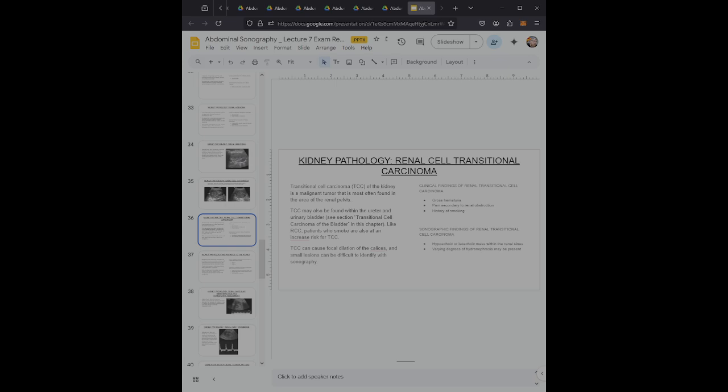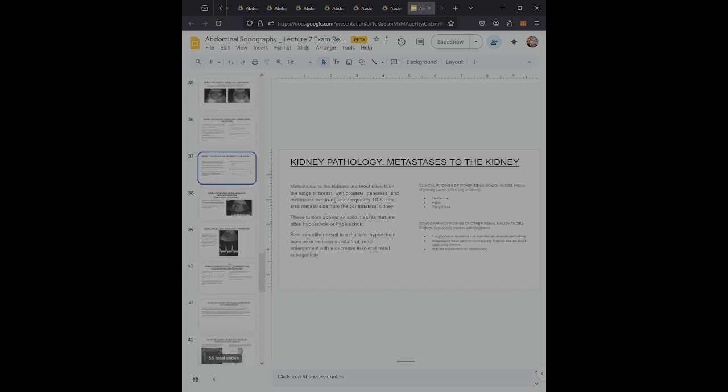Renal transitional cell carcinomas are malignant tumors that are often found in the renal pelvis. We see hypoechoic masses within the renal sinus and varying degrees of hydronephrosis.